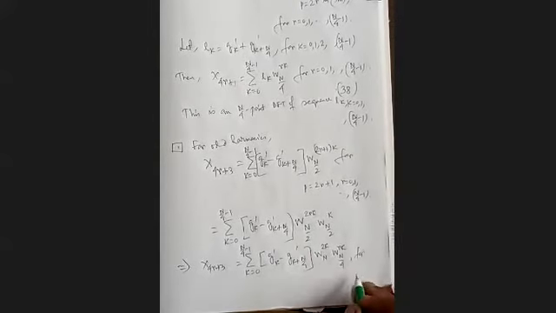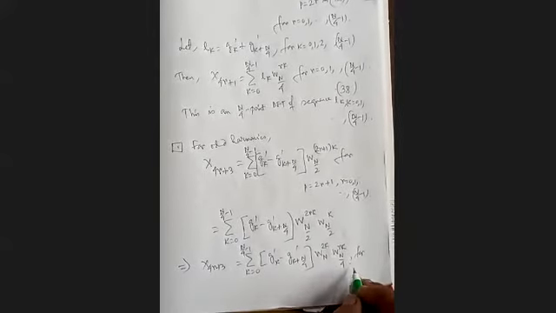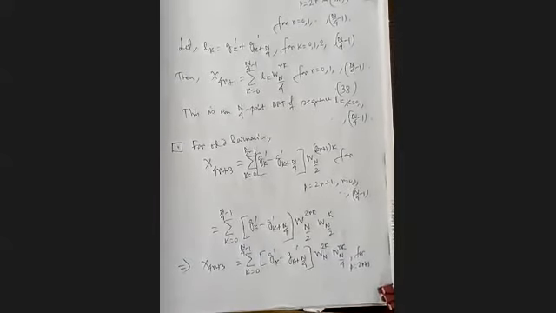It is Wn to the power 2k. This part I'm writing first. Then Wn by 4 to the power rk for p equal to 2r plus 1. Okay. And r equal to 0, 1, 2 up to n by 4 minus 1 as usual.